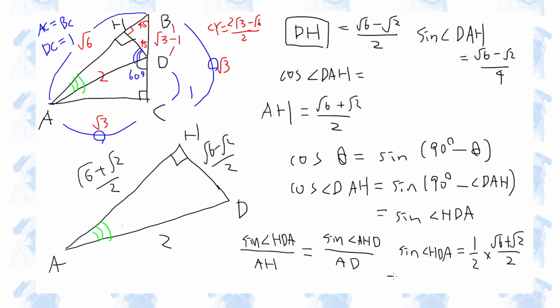So sine HDA is root 6 plus root 2 over 4. So cosine DAH is root 6 plus root 2 over 4.